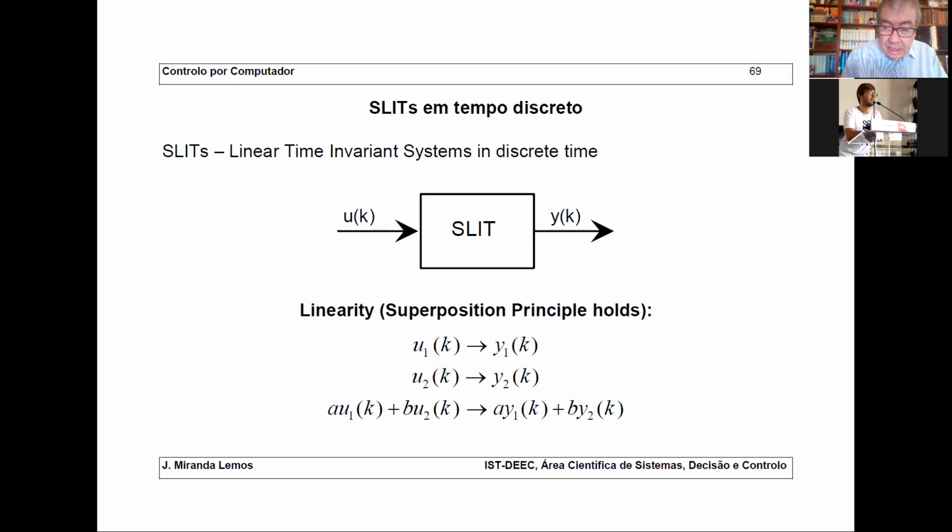When time passes, systems tend to wear out, and they change their behavior. But for limited periods of time, many systems of technical interest can be considered to be time invariant. Now, for linearity, many examples are nonlinear, but you can use linear system models as approximations.